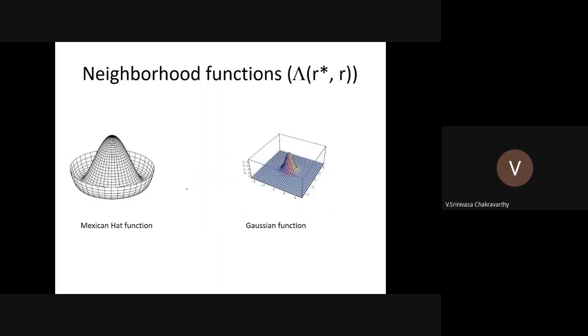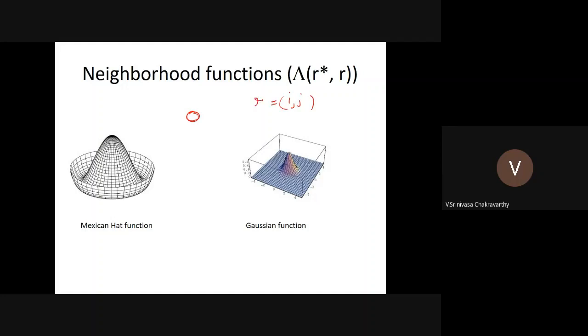So what we do in this algorithm is you not only move the winner, but also move its neighbors. So this is a winner. When there's two indices i and j, it's slightly cumbersome to use both indices all the time and use two subscripts.